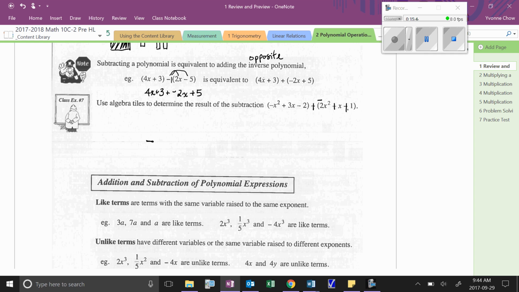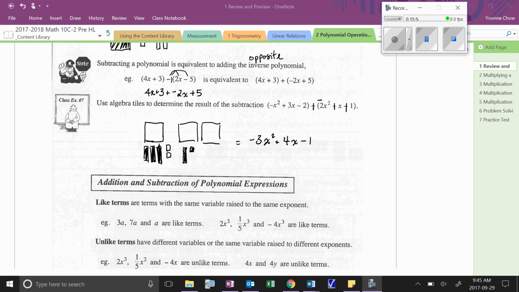So convert it to addition first. Okay, again, let's hit pause and we'll go through that. So looking at our result, we should have -3x squared plus 4x minus 1.